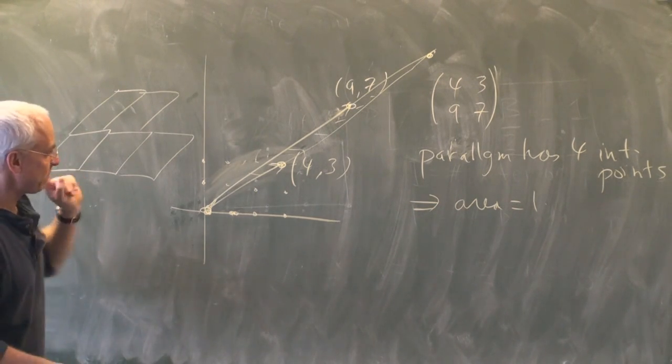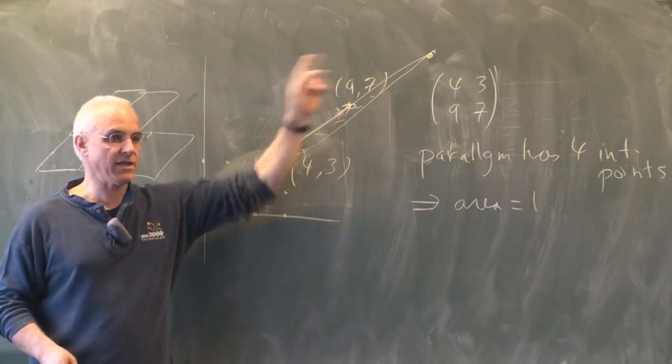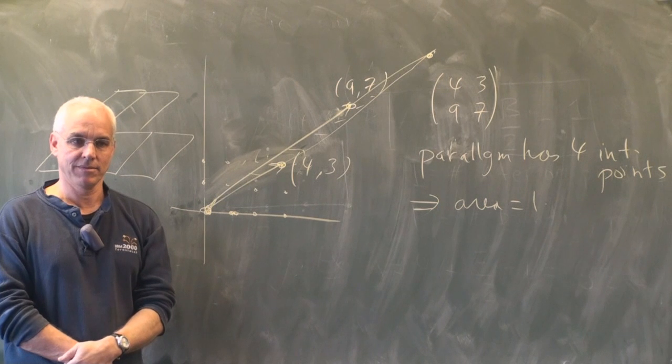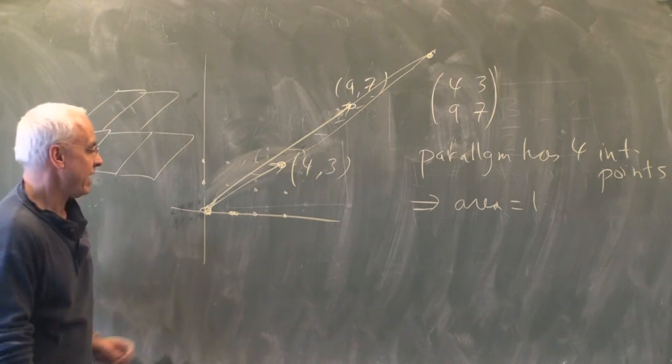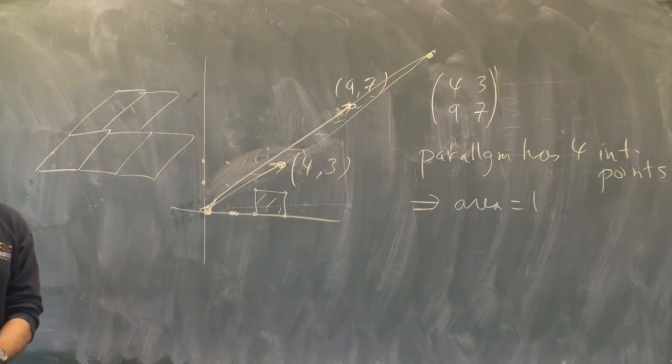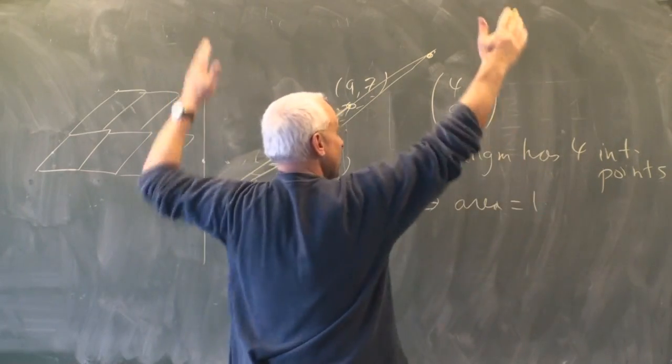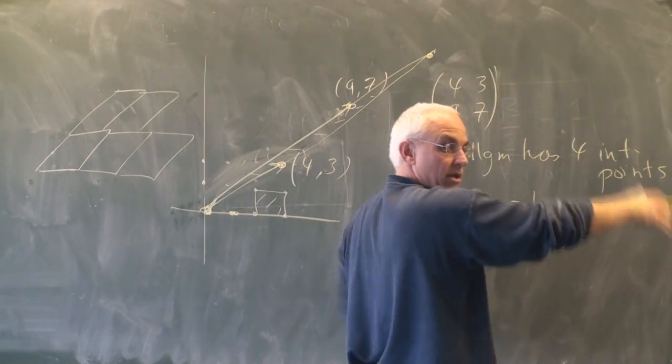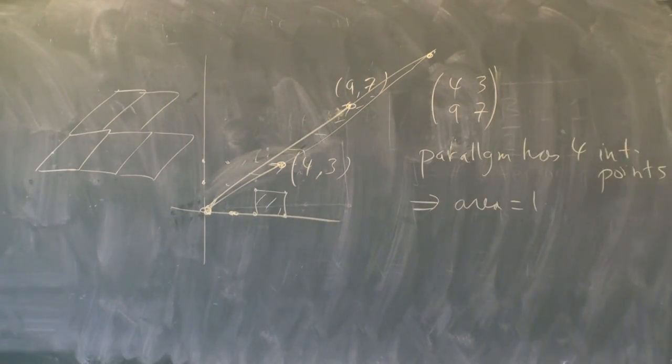Okay. Now, each of these parallelograms occupies 4 points. And each one of these squares also occupies 4 points. So if you consider this huge region of 1,000 by 1,000, or maybe 1,000,000 by 1,000,000, I claim that the number of parallelograms and the number of squares is pretty well the same.